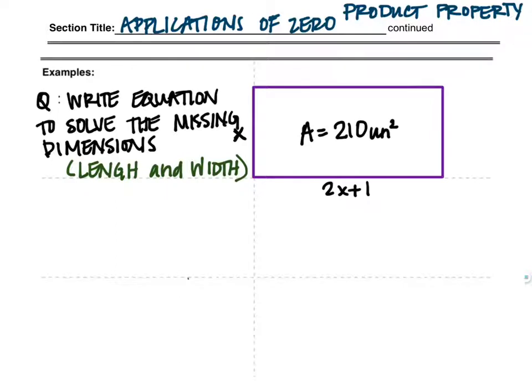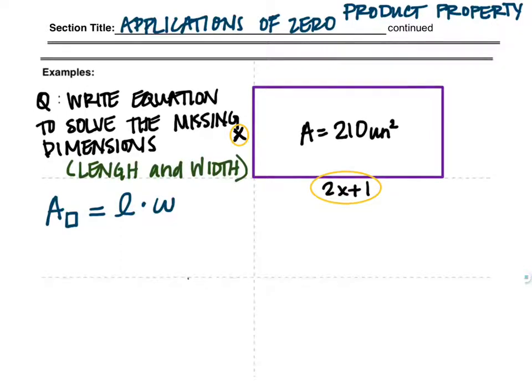So if that's my task, I'm going to go ahead and take a look, and I've got this concept for my length and my width. And I know that the model I'm going to use is this concept that area of a rectangle is the same thing as the length times the width.